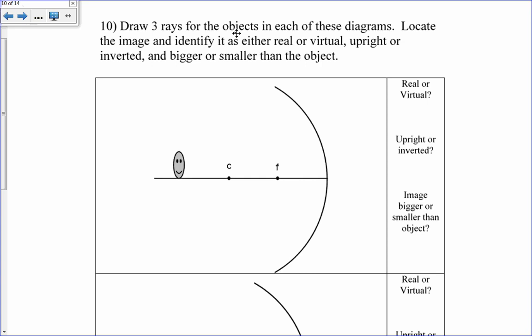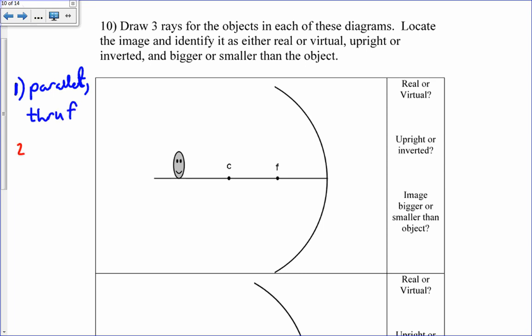Okay, now for the ray diagrams for the lenses. The ray diagrams for the mirrors, we have several rules. The first rule, the first ray, we're going to draw parallel to the axis and through the focal point.